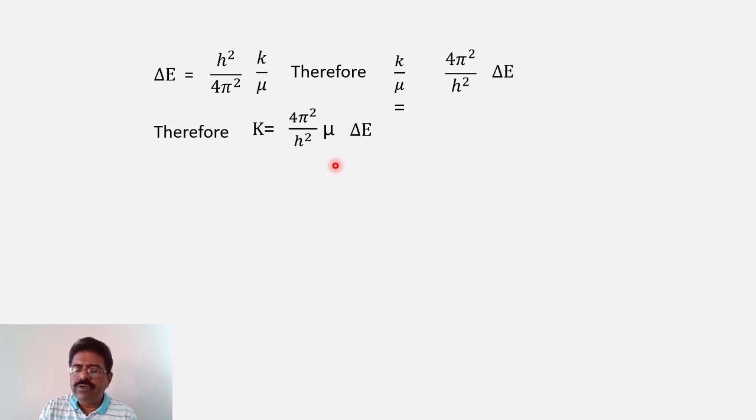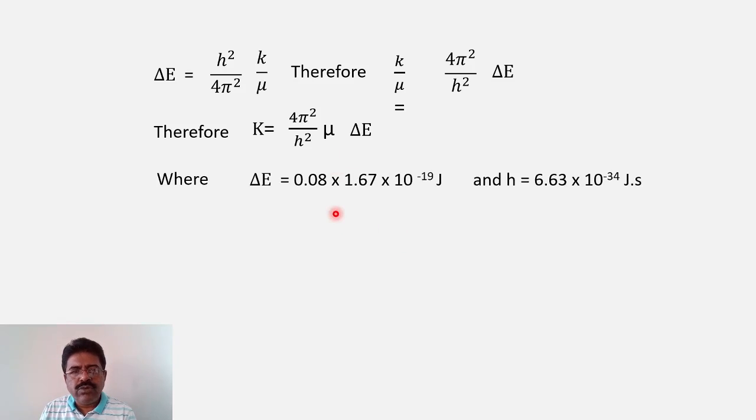Just substitute the values. Delta E is equal to 0.08 into the charge, and we want to convert this delta E to joule first because it is in electron volt, so we have to multiply by 1.6 into 10 raised to minus 19. H is Planck's constant in this particular case, and this is the h we want to substitute here.